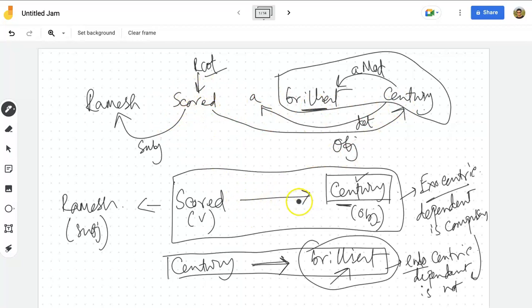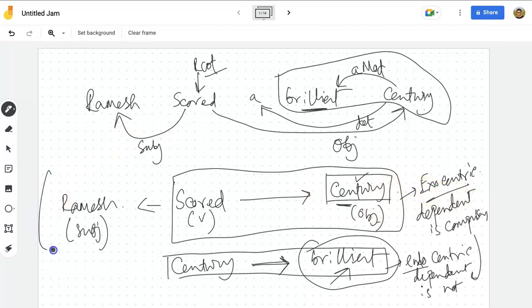Now in this dependency, if you just delete the century part, this dependency means nothing. The sentence will be like "Ramesh scored a brilliant", then what? This is nothing. So without this object, this dependency means nothing. This kind of relation from a root to a child, where the dependent is very much compulsory, is called an exocentric relation.